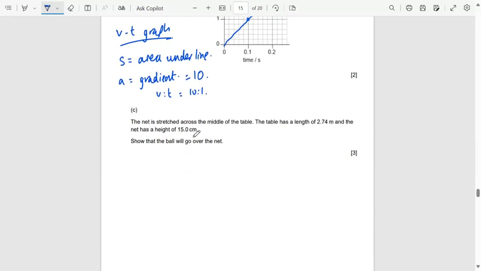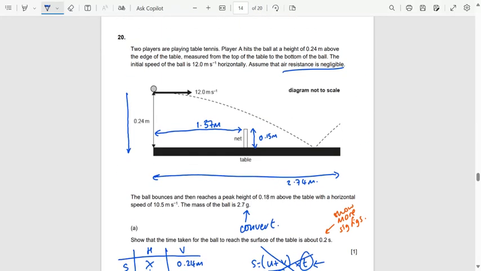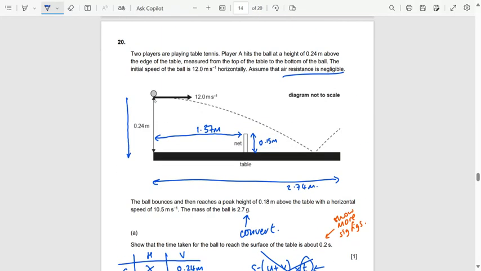Okay, I'm just going to write convert. Show the ball will go over the net. In other words, we need to show that when it's travelled at this distance, at this speed, the loss of height due to gravity will be less than the height of the net.